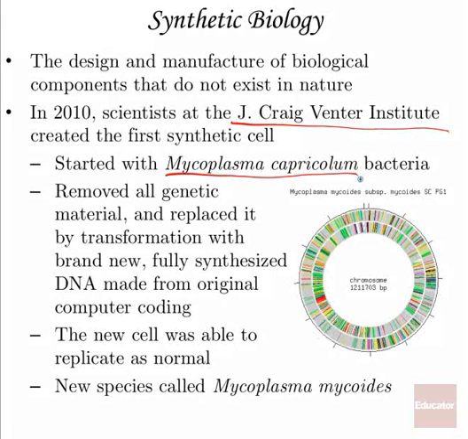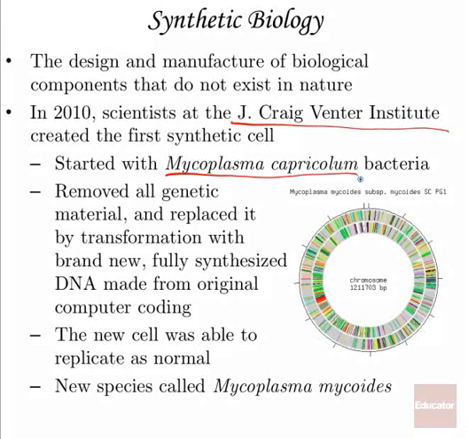So they made it in a computer. You can get DNA made, and they inserted their computer-coded DNA into this completely empty cell. It's like a shell at this point.